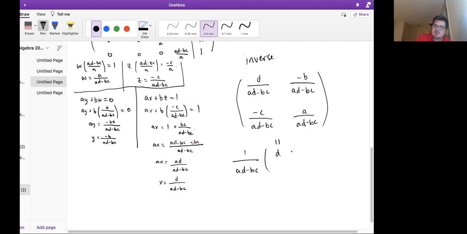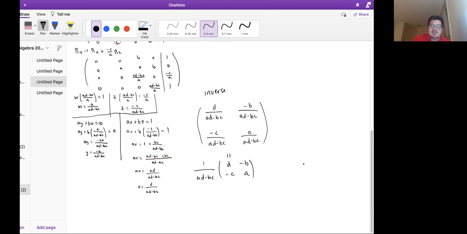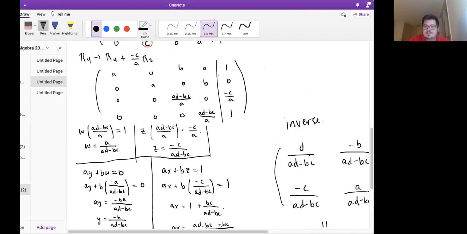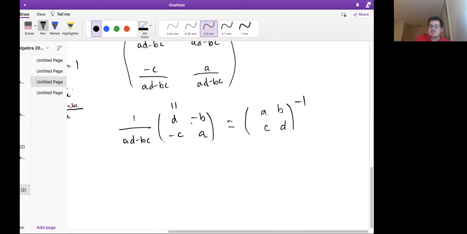So d, negative b, negative c, a. That's a pretty nice formula, right? Remember, this is the inverse of a, b, c, d. So it's just a rearrangement of the elements. Some get negated, and then times this factor of 1 over ad minus bc.